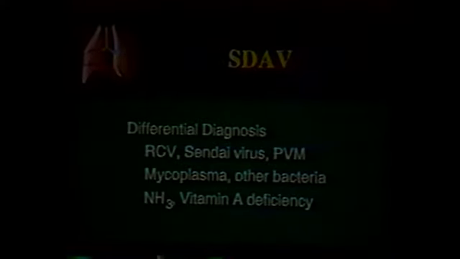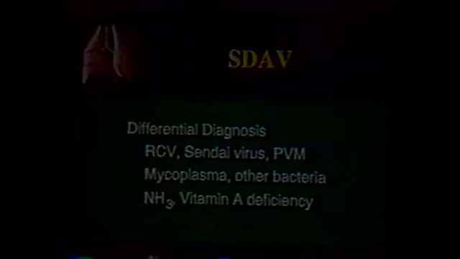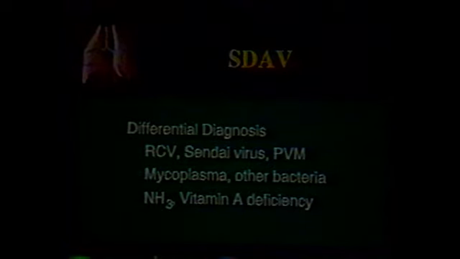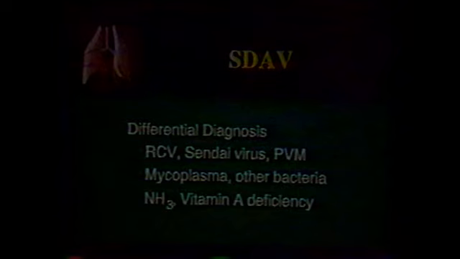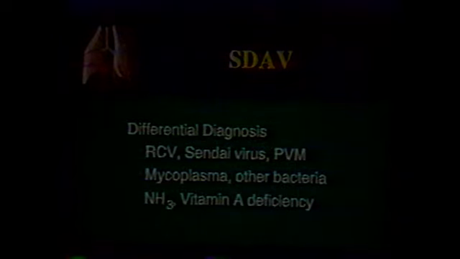In trying to construct differential diagnoses for SDAV infection, you should obviously consider rat coronavirus. You need to be aware that Sendai virus, which was originally described as a disease of mice, has now been described in rats.